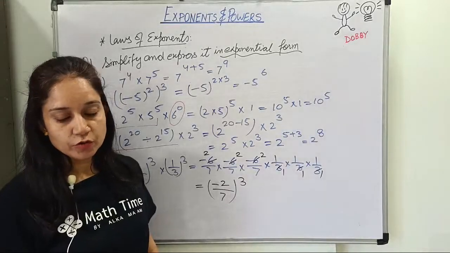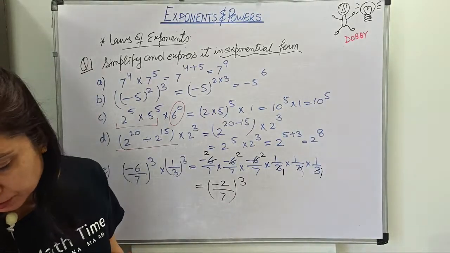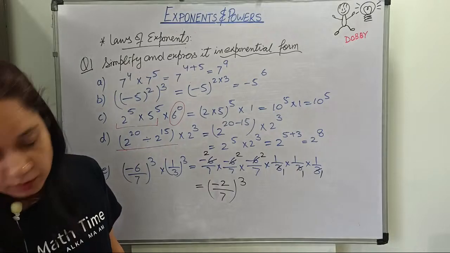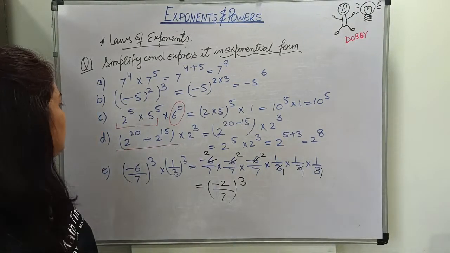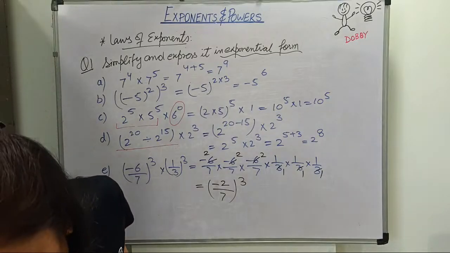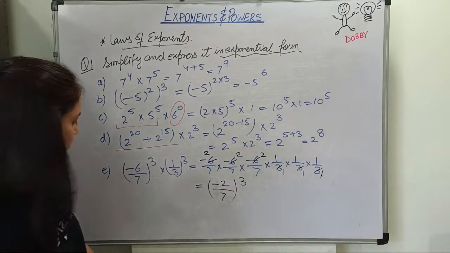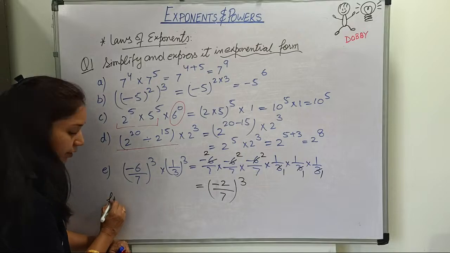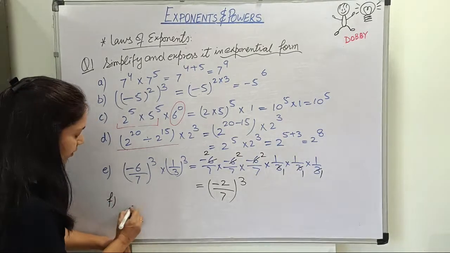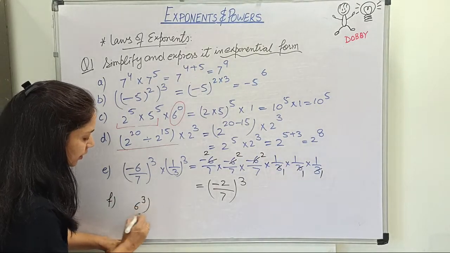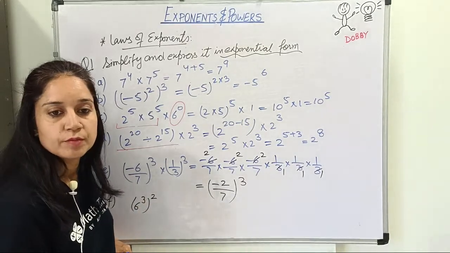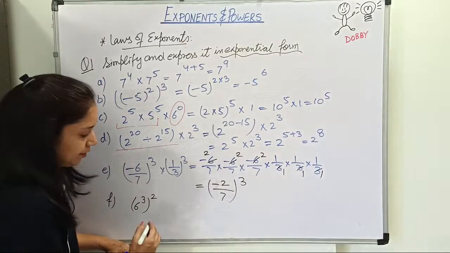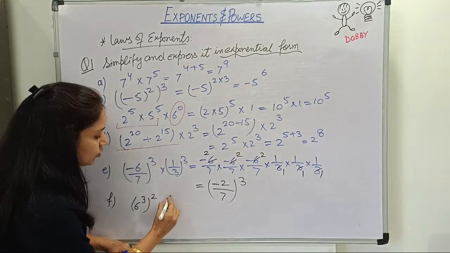Now one question I am giving to you all, you will try and tell me the answer. The question is F part. You have to try (6^3) raised to the power 2 multiply 6 raised to the power 4.